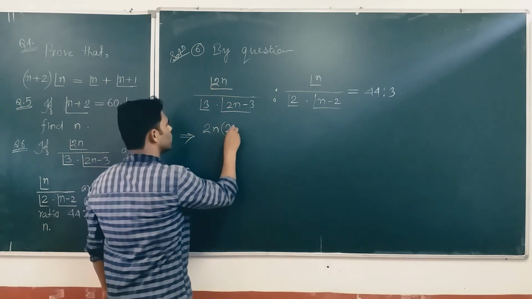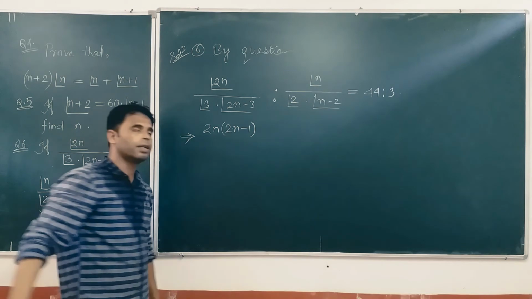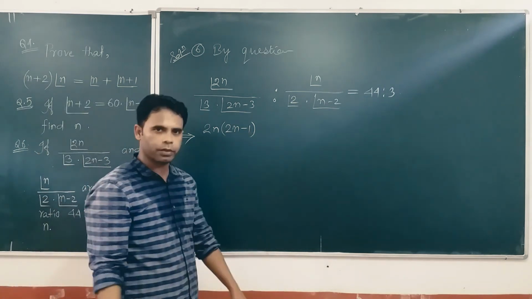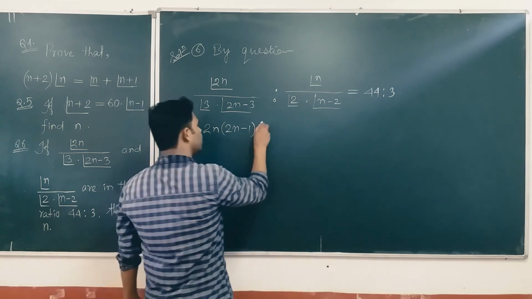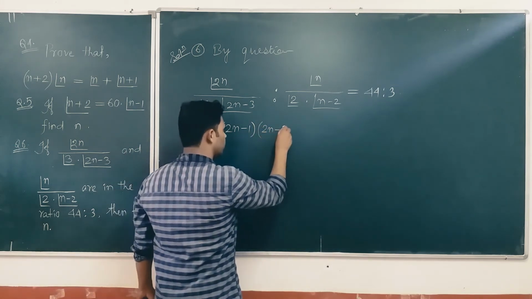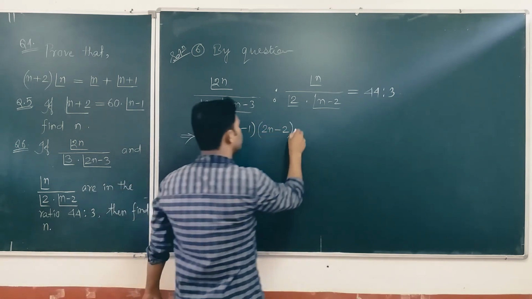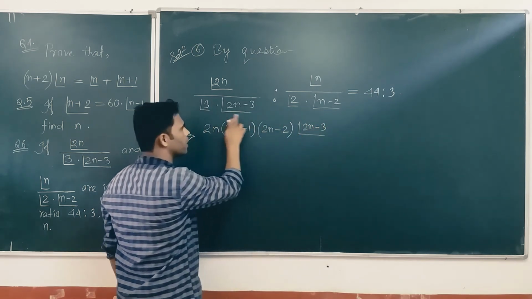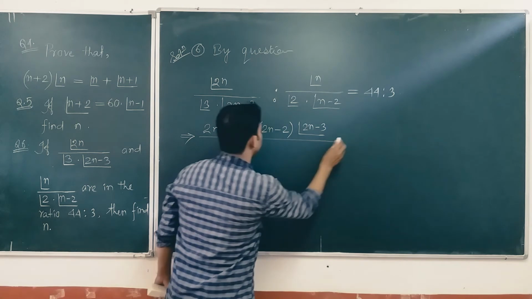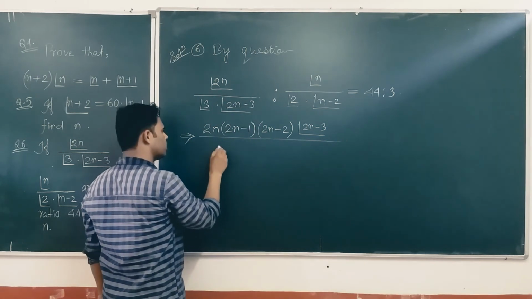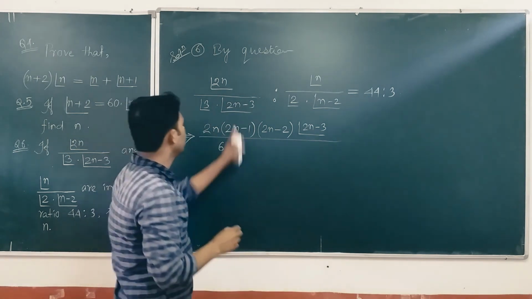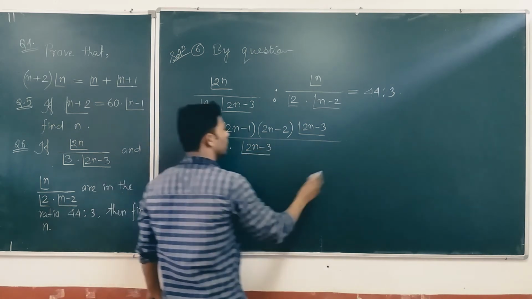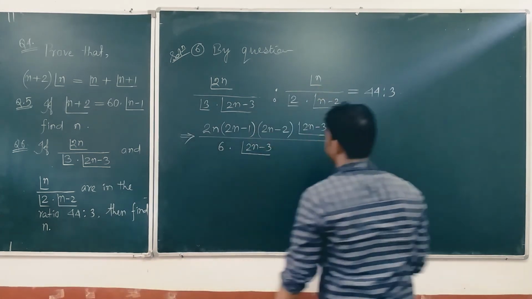Then take 2n minus 1 also outside the factorial, then the inner number is factorial 2n minus 2. Again that number is taken away, then the inner number must be factorial of 2n minus 3. Then the denominator is factorial 3, which is 6 actually, and this is factorial 2n minus 3. Now come to the second one.